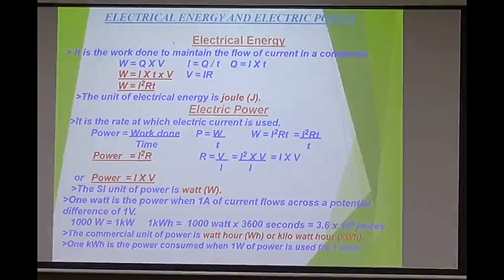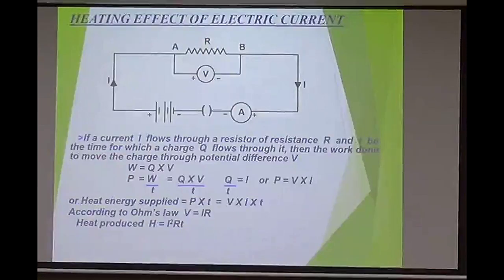Now heating effect we have discussed. So if I is the current flowing through the resistor R in time t, we can write that work done is Q into V, that gives us heat produced equal to I square R T. Now this is known as Joule's law of heating.